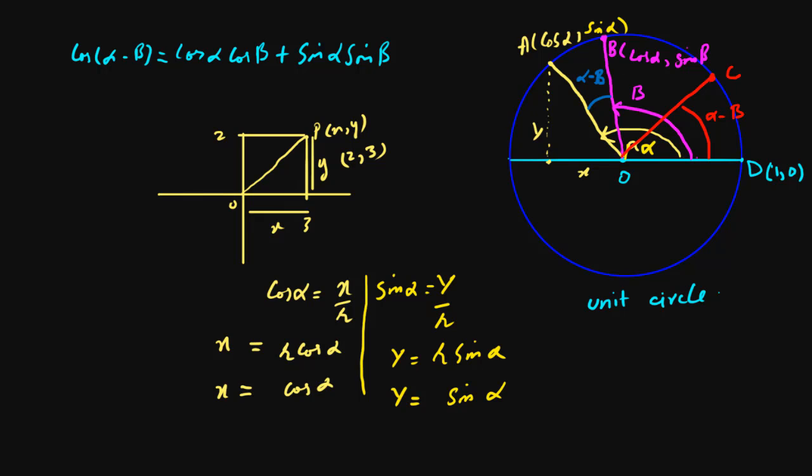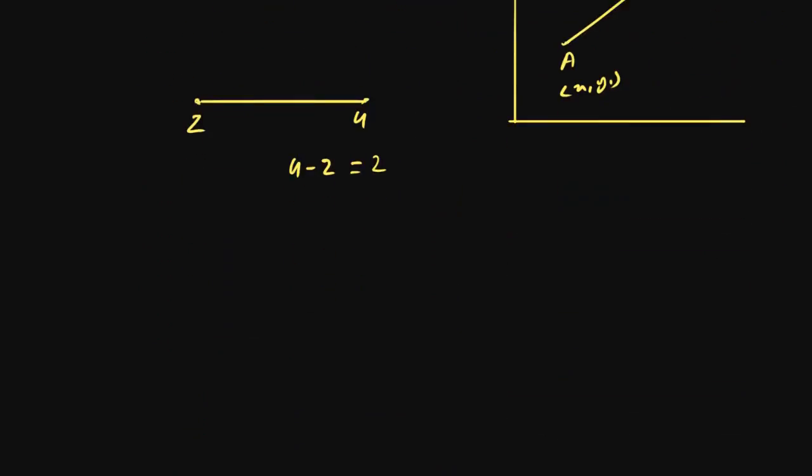For that, I'm going to come here and write all the coordinates. Since arc AB is equal to arc CD, therefore we are going to write that for arc AB and CD the angle is alpha minus beta.